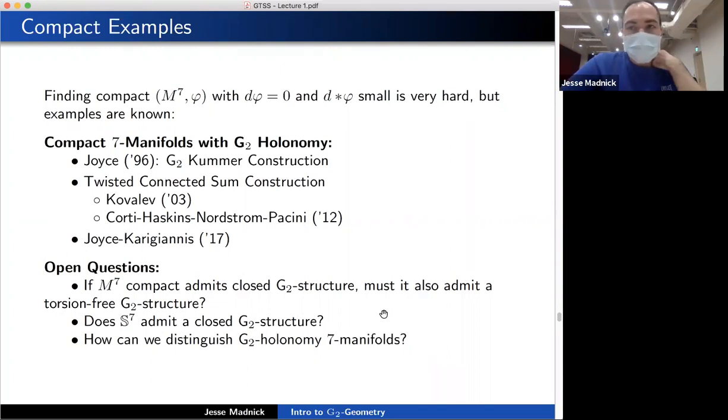One way of constructing such invariants, you might hope, is through analyzing gauge theoretic objects, and indeed there's a whole theory of gauge theory on 7-manifolds with holonomy G2, or more generally torsion-free G2 structures. There are various gauge theoretic objects that have been considered: G2 instantons, G2 monopoles, deformed G2 instantons. I won't go into those. Hopefully one might be able to construct an invariant using these gauge theoretic ideas.